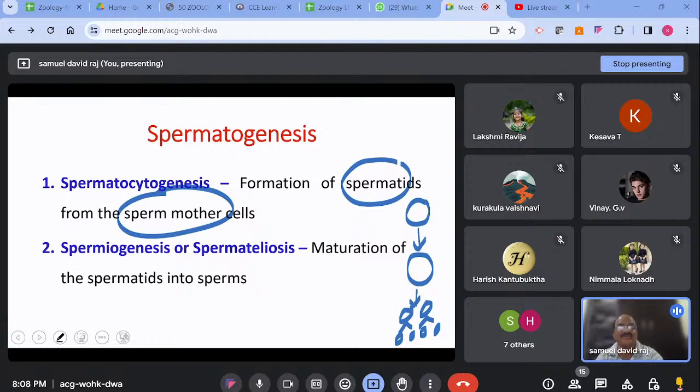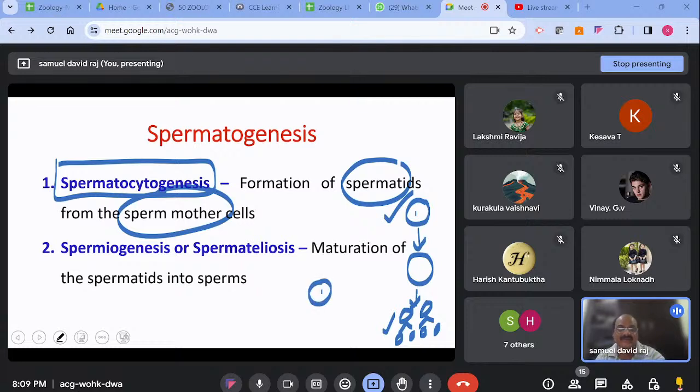So the formation of spermatids from the spermatogonia or the sperm mother cells, up to this we call spermatocytogenesis. And now only spermatids are formed, or four cells are formed from each spermatogonium, not sperms. What happens now?